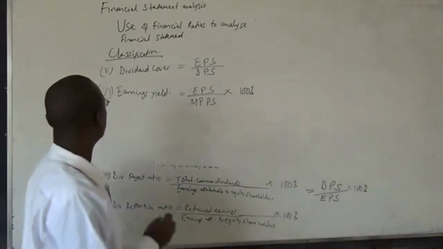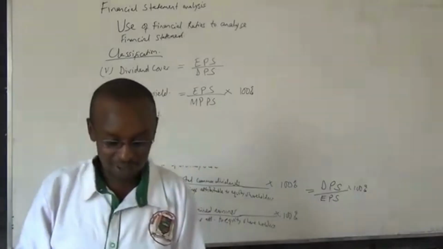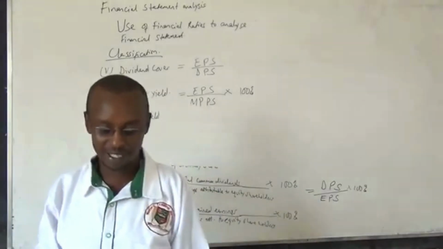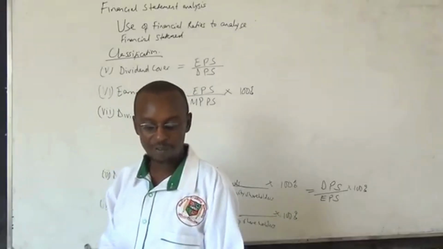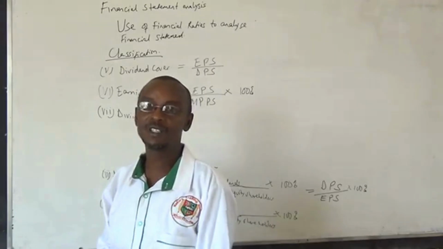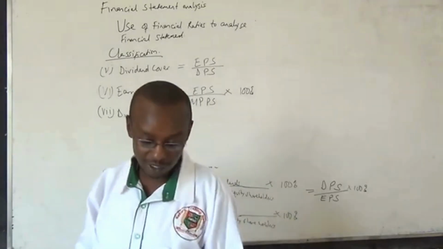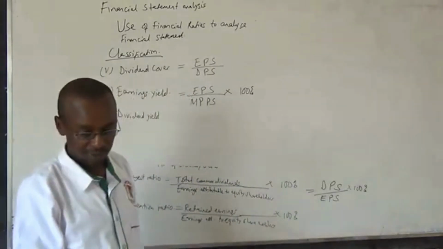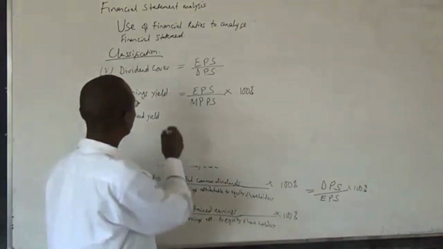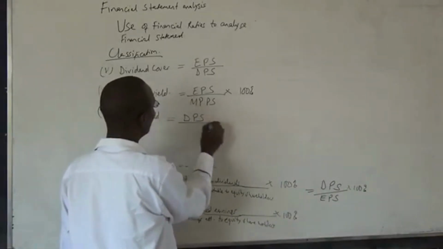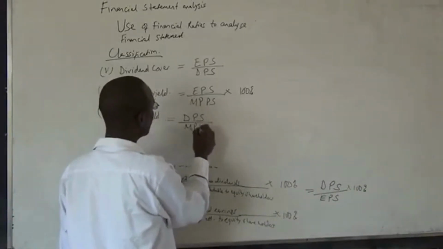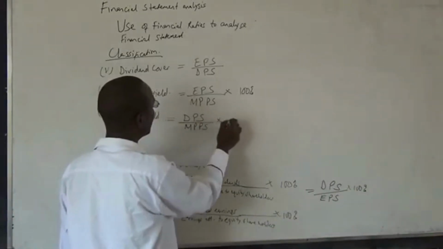You have dividend yield. It measures how much an investor expects to receive from cash dividends for every share purchased or invested in a company. So dividend yield is equal to dividend per share over market price per share multiplied by 100%.